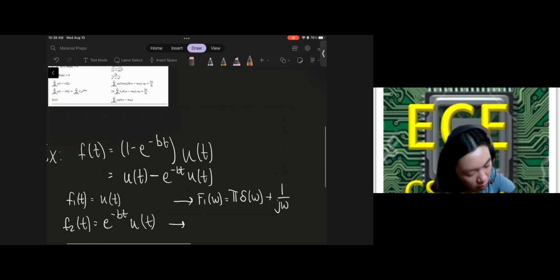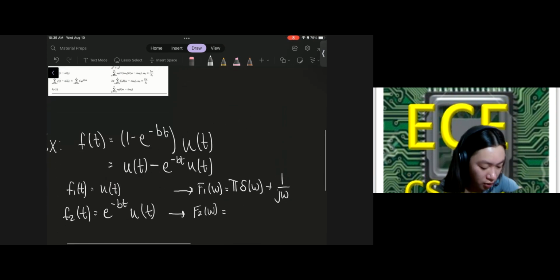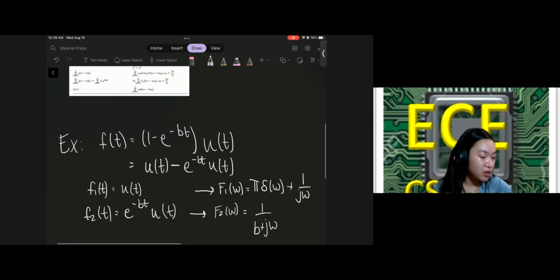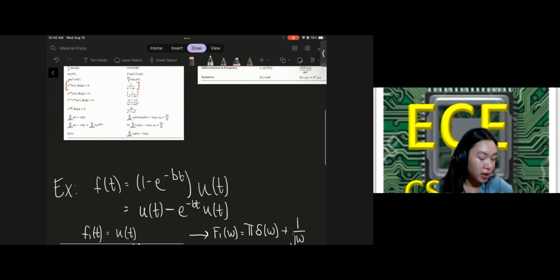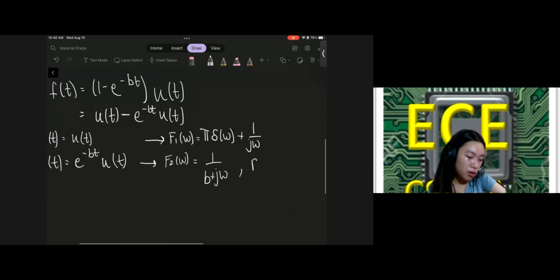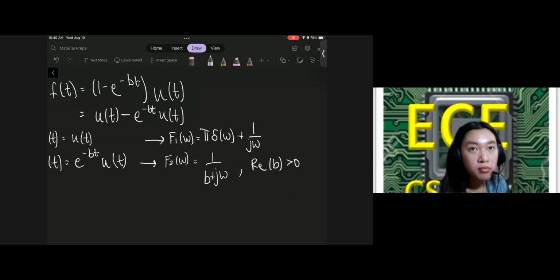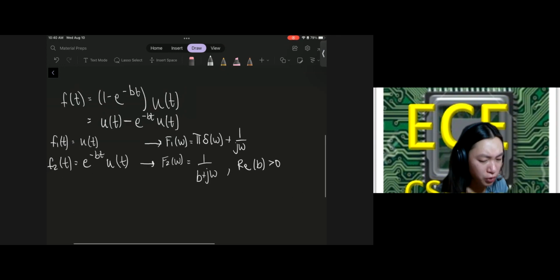So F2 of omega equals 1 over b plus j omega. But there's a constraint: the real part of a, or in our case b, which is the coefficient in the exponent, has to be greater than 0 in order for this to be true.